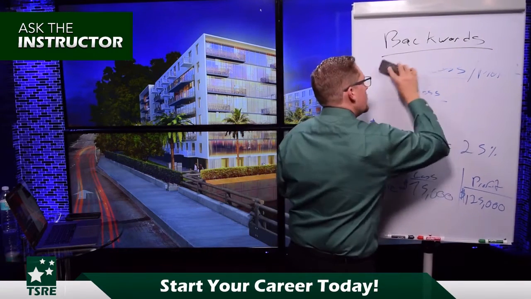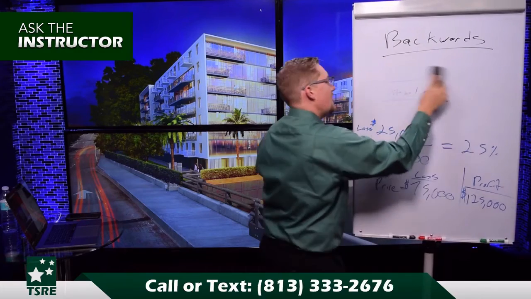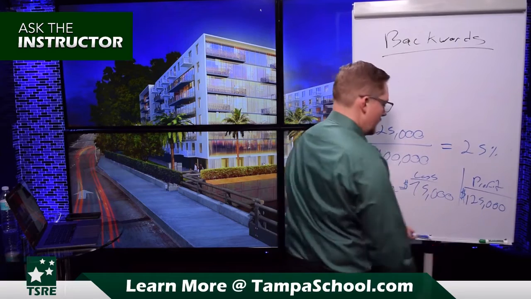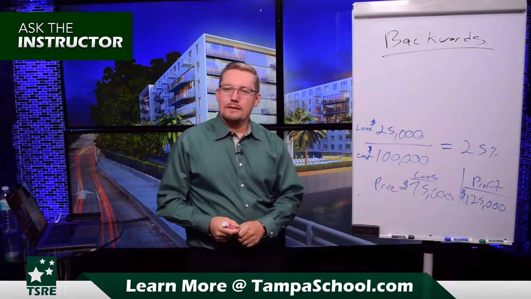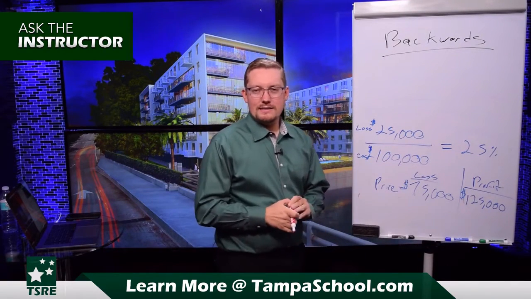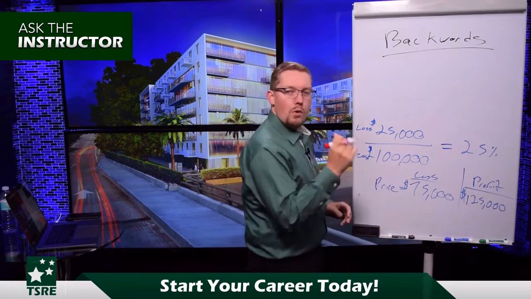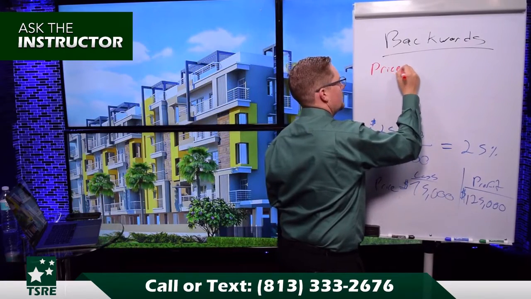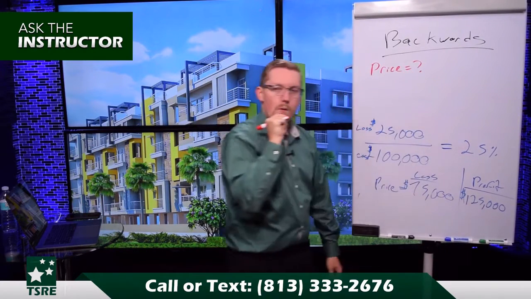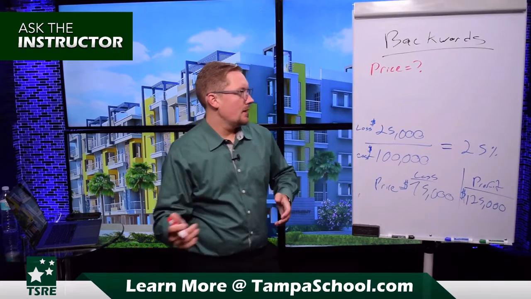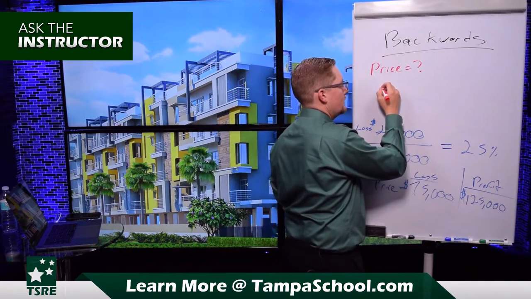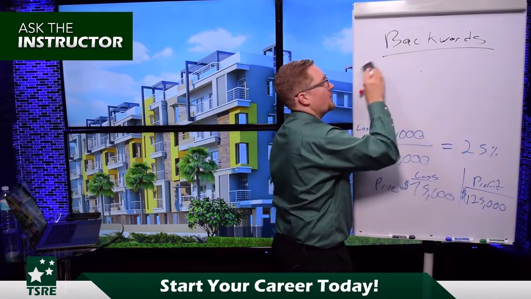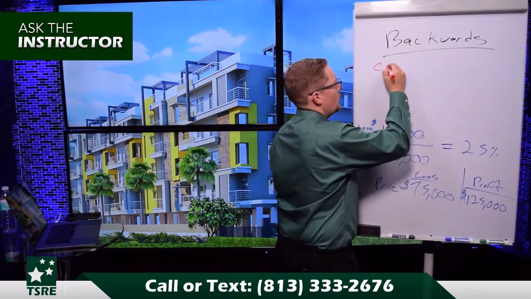But now let's make this a little bit more in depth here. So that's basically going forward with this here when you have all this information. But now let's say this. Actually, let's find the cost here because we just went through the price.